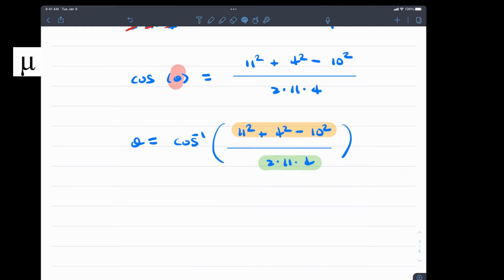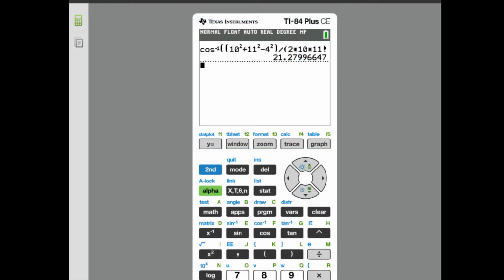So let's see what happens when we do. Okay, second inverse cosine 11 squared plus 4 squared minus 10 squared. Close that, divided by 2 times 11 times 4.